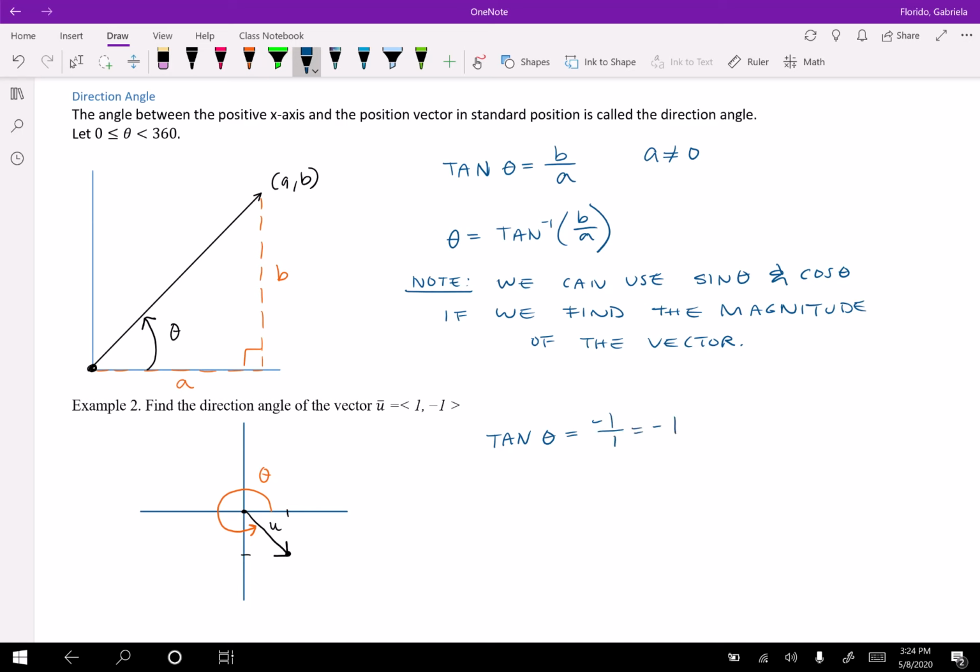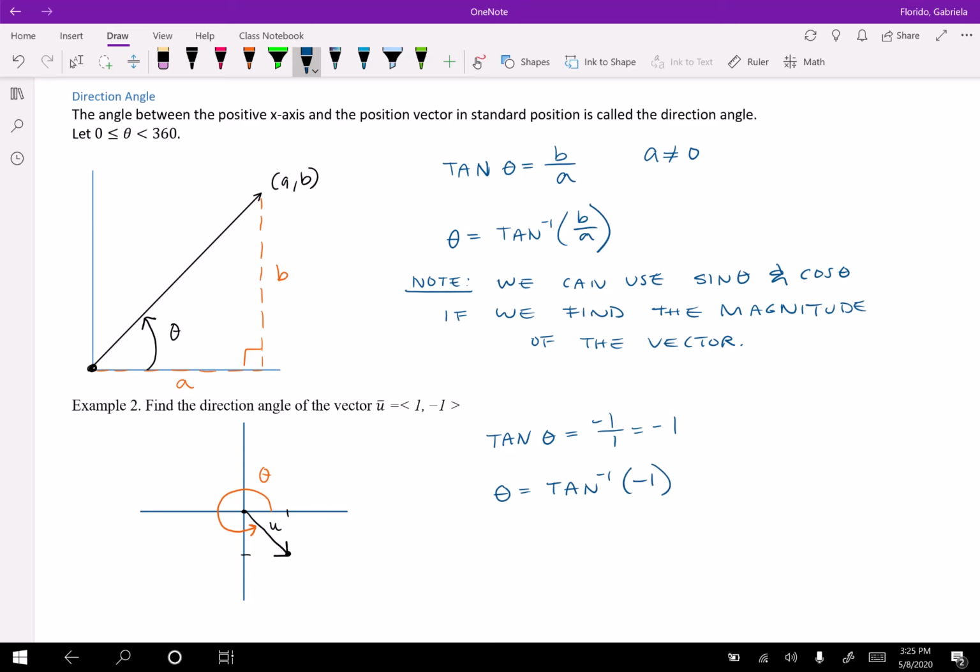Okay, and so when is tangent of theta equal to negative 1 in the 4th quadrant? Well, if we do use the inverse here, don't forget that tangent inverse of negative 1 is going to give you an angle between negative pi over 2 and pi over 2. But our direction angle has to be between 0 and 2 pi, or 0 and 360 degrees.